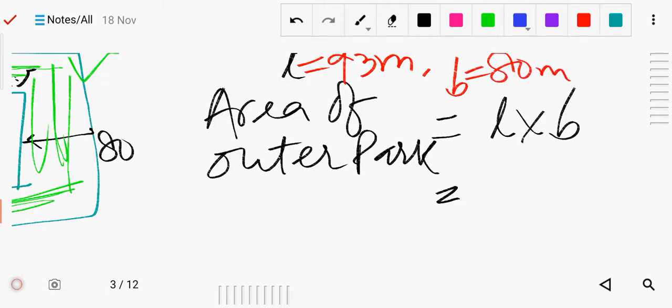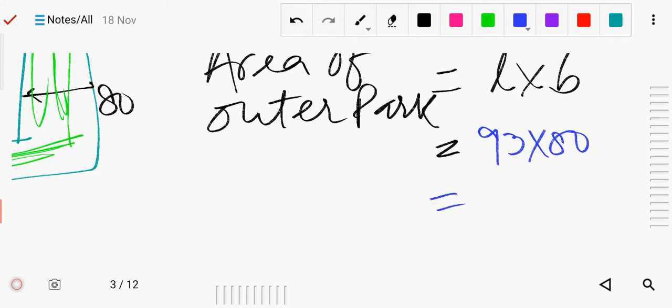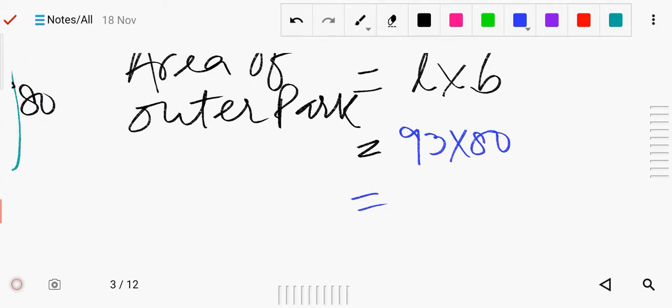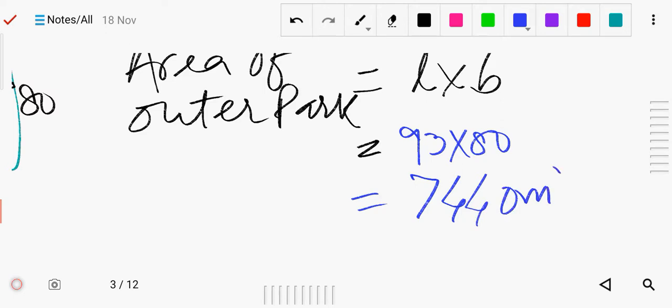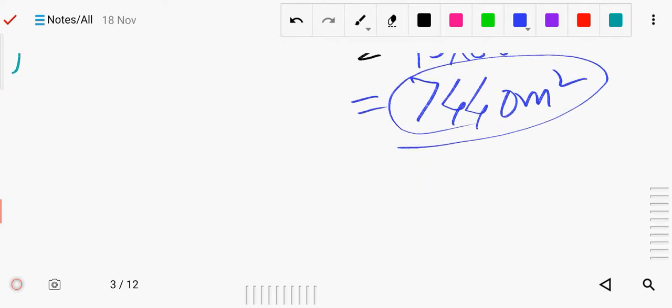Now you can multiply these two, so you will get 7440 meter square. This is the area of the outer park. Got it? Now we will find the area of the inner part.